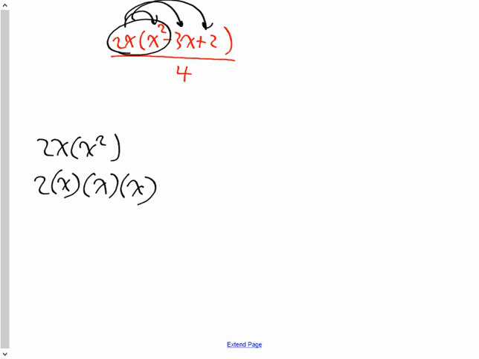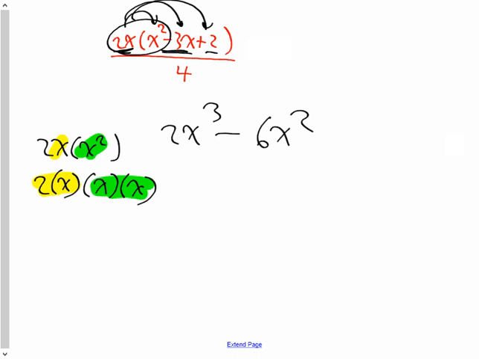So it makes sense that the multiplication of those two becomes 2x cubed, right? 2 times x times x times x. Plus or minus 2x multiplied by negative 3x will be negative 6x squared. And 2x multiplied by 2 will be a positive 4x.